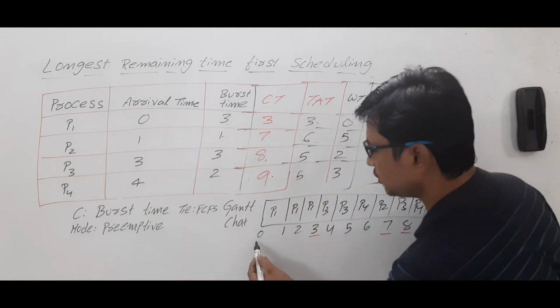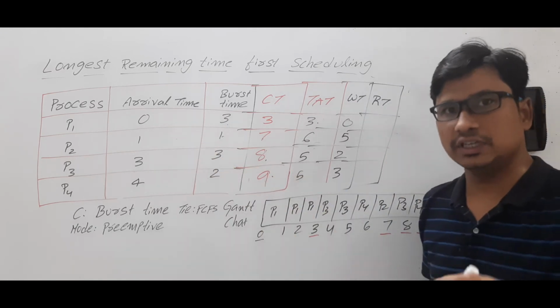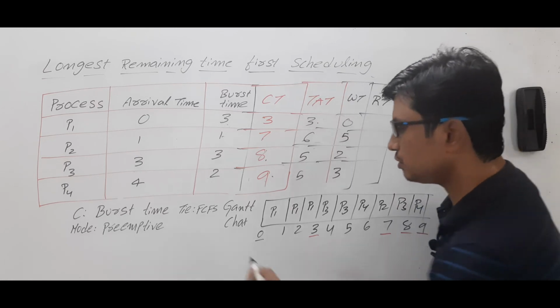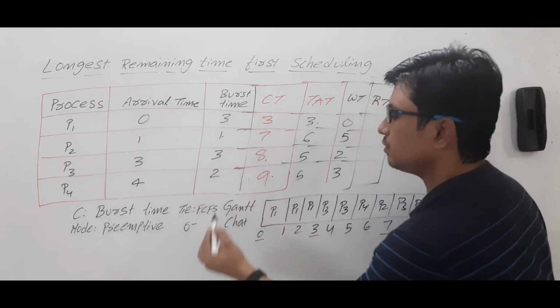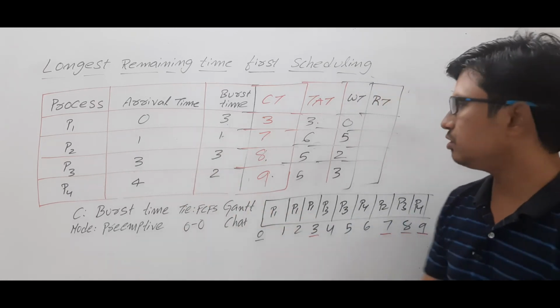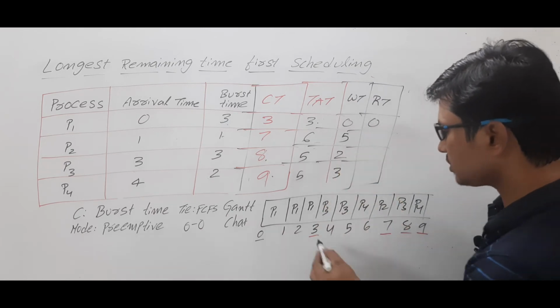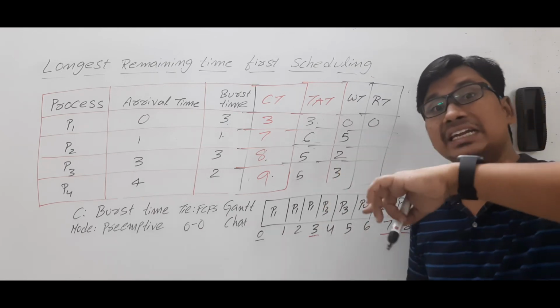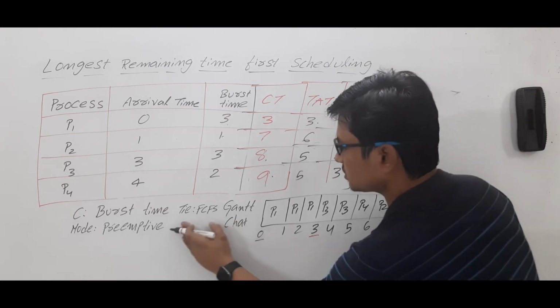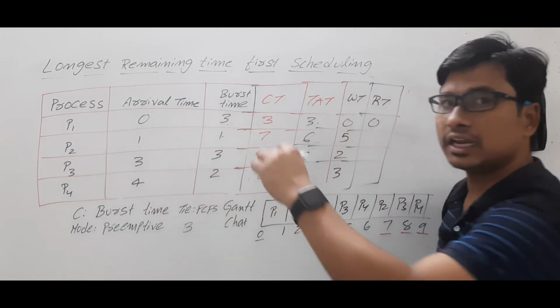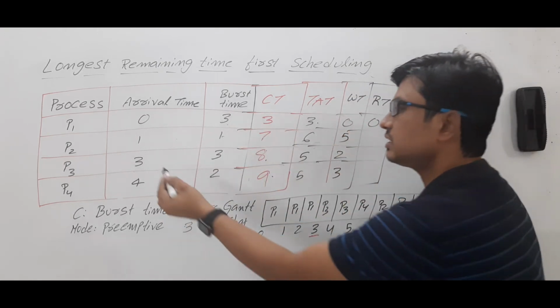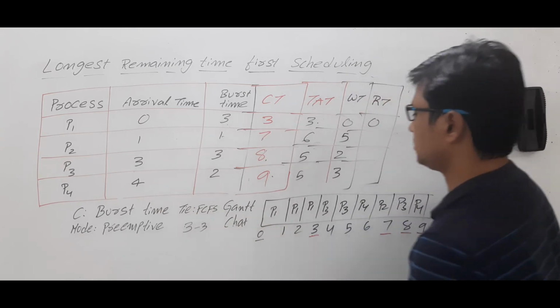Look at process P1. It first entered the running state at 0 units of time and it arrived at 0 units of time, so 0 minus 0 is 0. Process P3 entered the running state at 3 units of time, and it arrived in the ready state at 3 units of time, so 3 minus 3 is 0.